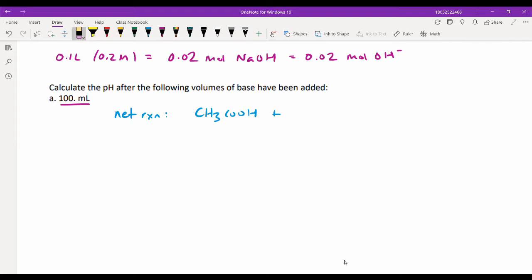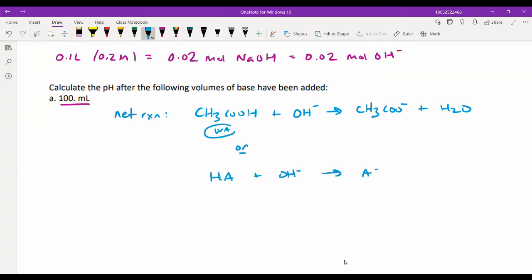The thing to remember is that with a weak acid, you don't want to dissociate it and write H plus. You want to keep it undissociated. That's why we end up with a net reaction that looks like this, which we can just abbreviate as this. I like this way because for any weak acid titration I'm doing, I know it's going to be this net reaction.